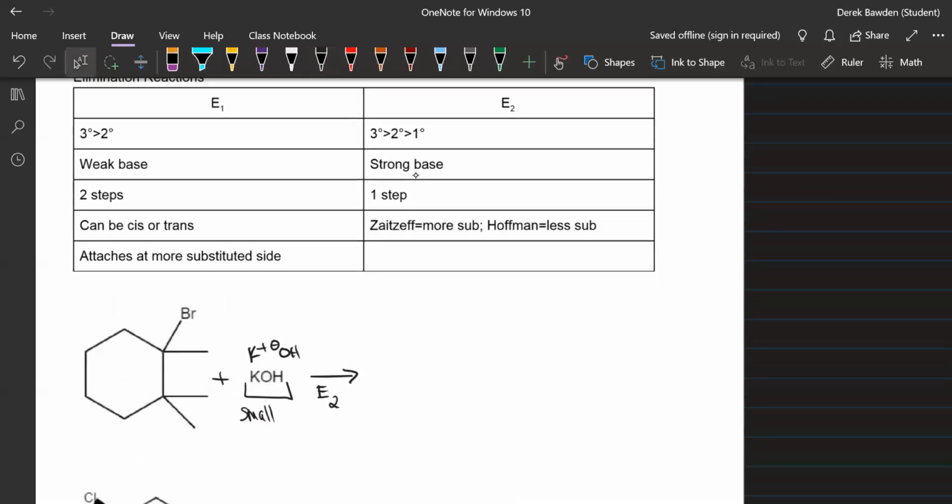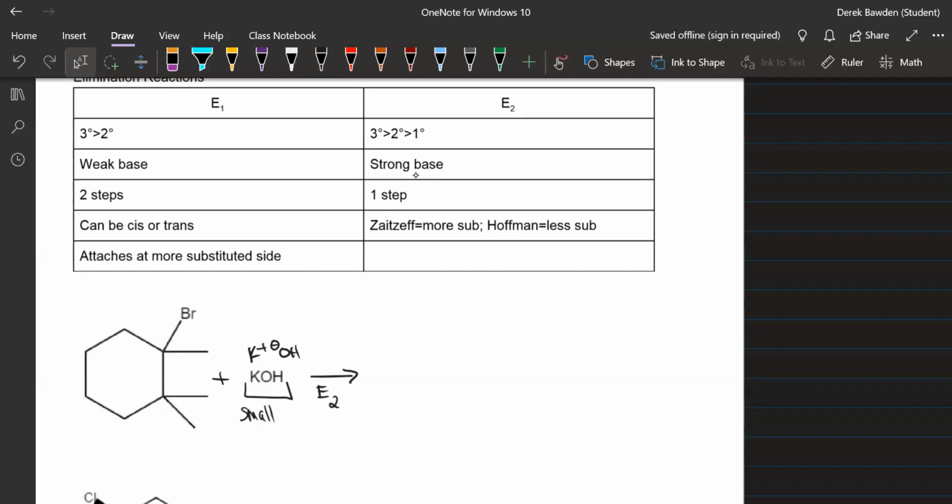All right. So what happens in elimination reactions? Is anybody comfortable enough to unmute themselves and kind of tell me the process of what happens? If not, no worries. Okay, elimination reactions, okay?